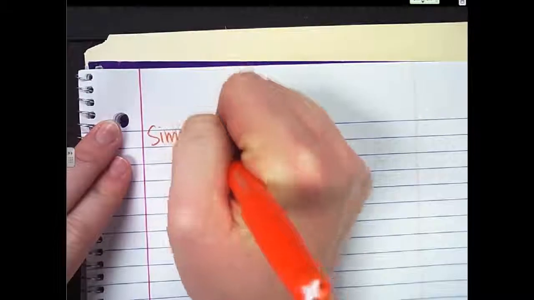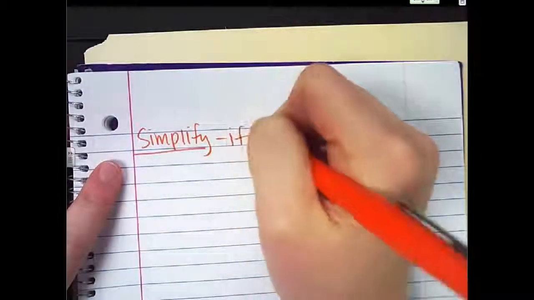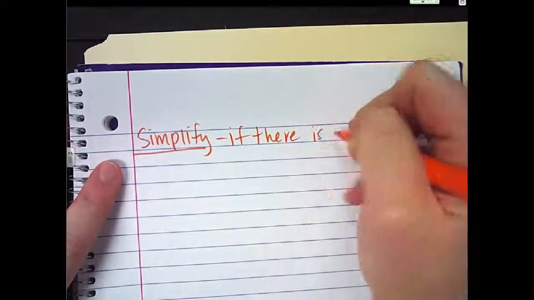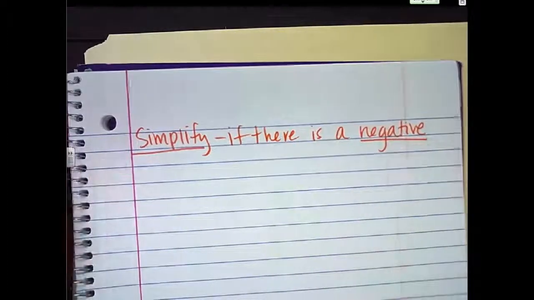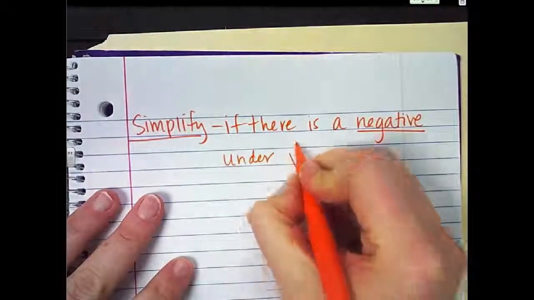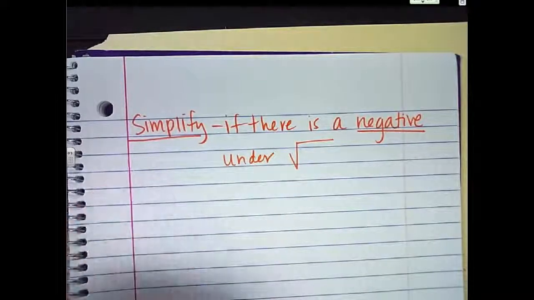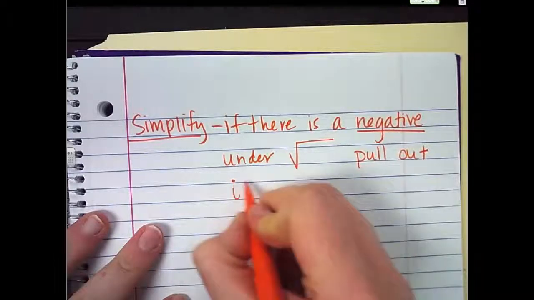Okay, so let's do some examples. Before we start simplifying, because you're basically going to simplify your radicals, but they have negatives in them, if there is a negative under the square root, pull out the i first.